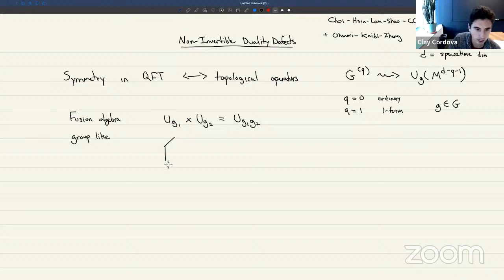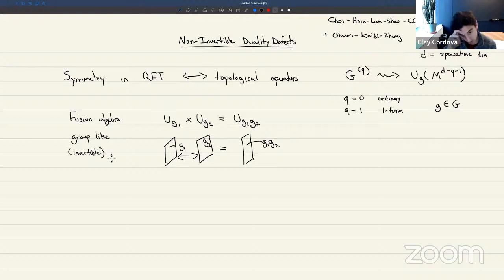So the picture is I have g1 and here's g2, and I bring them together, and this composite defect is the defect associated to the product g1 g2. So this fusion algebra of these topological symmetry operators is what encodes the fact that the usual symmetries are a group. So sometimes this kind of fusion algebra is called invertible, because in particular, it means that every symmetry element has an inverse.